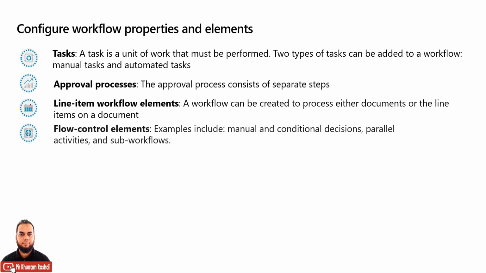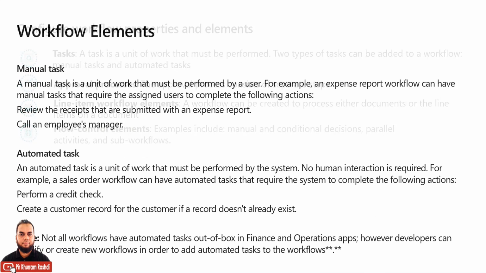And if a certain criteria is not fulfilled, then the line level workflow will be triggered. Otherwise, it will take another path and go through other nodes in that workflow. So sub workflows can exist, and the same workflow can also exist as a sub workflow. So it depends upon configuration.